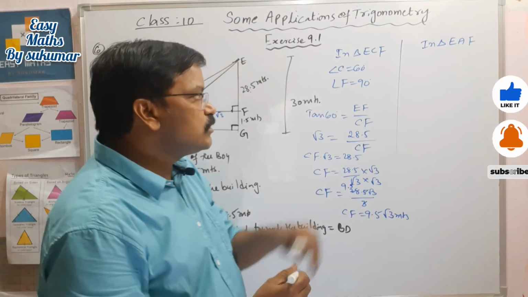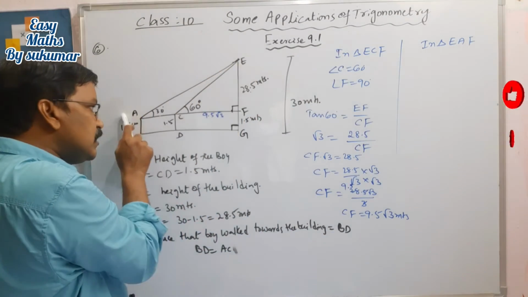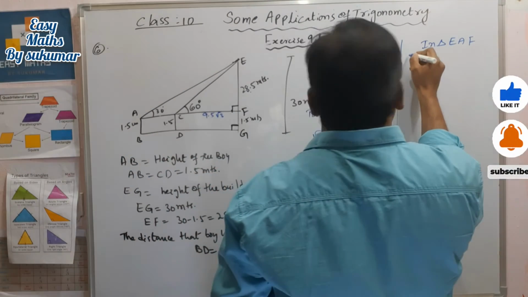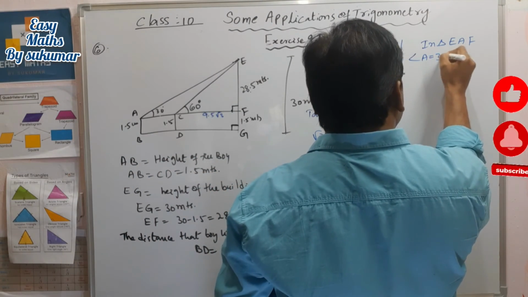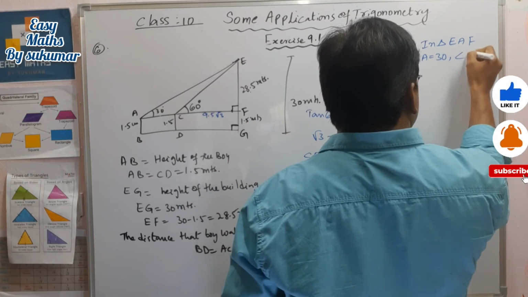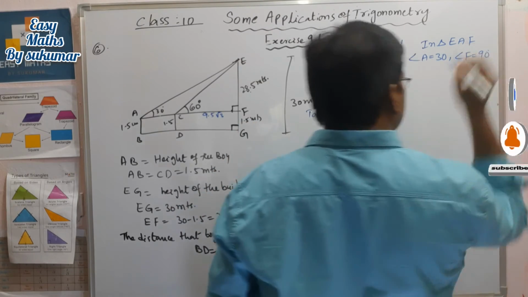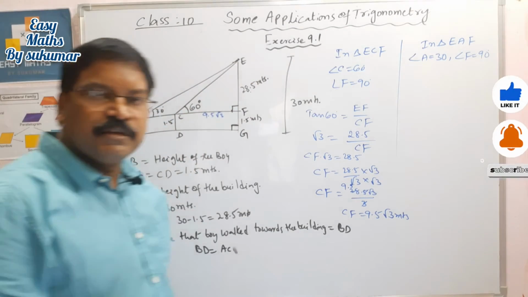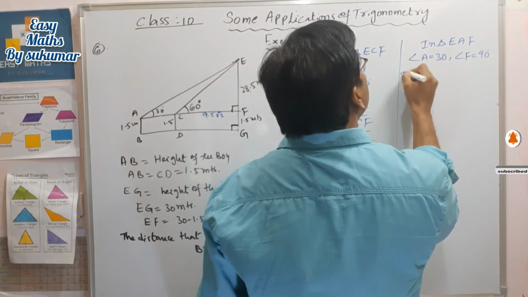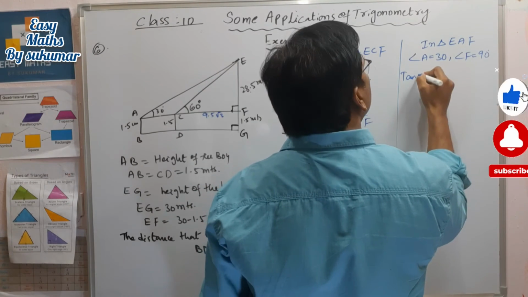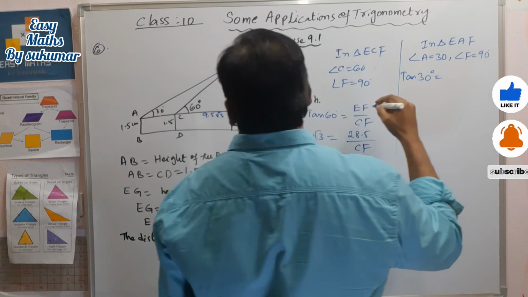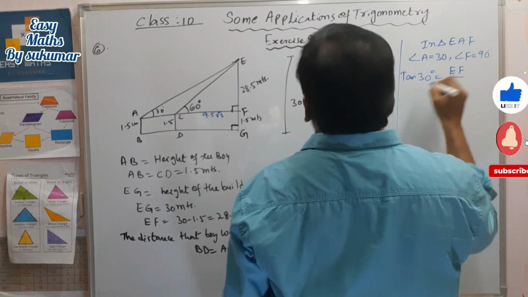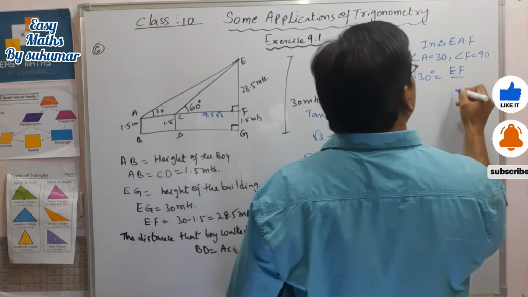Now coming to the other, bigger triangle EAF. In this triangle, angle A is 30 degrees and angle F is 90 degrees, same for both triangles. This is the opposite side and AF is the adjacent side. So tan 30 degrees is equal to EF by AF.